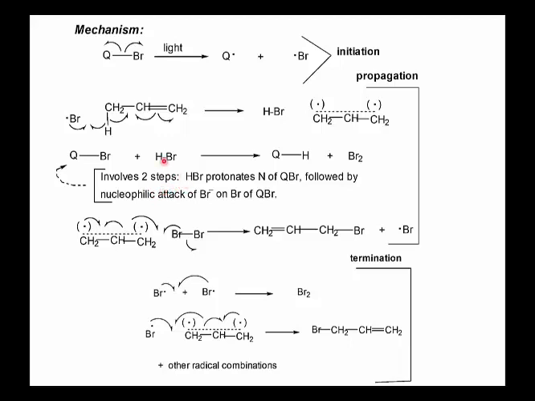First, HBr donates a hydrogen to the nitrogen bearing the bromine, and then the bromide ion nucleophilically attacks the Br there, pushing away the rest of the molecule, and you end up with this product. This is succinimide, in which the bromine is replaced by hydrogen, and Br2, the other product, the bromine molecule.